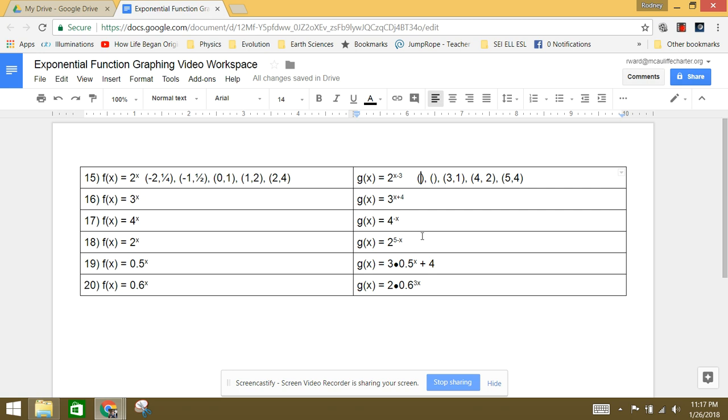So I'll go back in steps: if x equals 2, 2 minus 3 is -1, so I'm going to have the same effect as -1. 2 to the -1 is going to be 1/2.